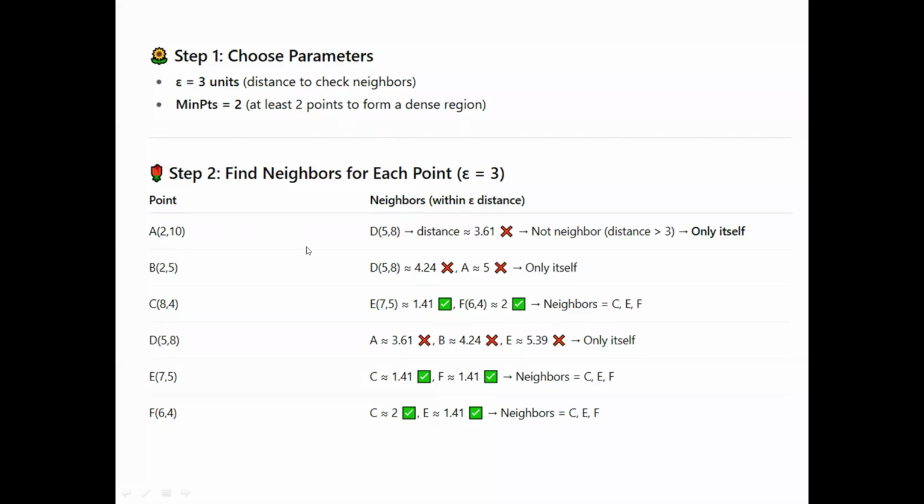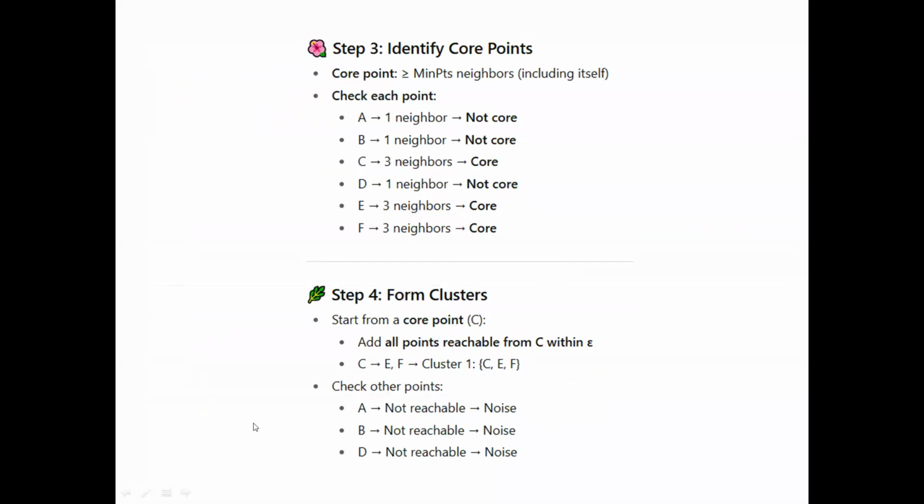At each point we will see what the association is. So for a, b, c and up to f, how many core points are there? Point a has one neighbor, so it is not core, because minimum points are required.